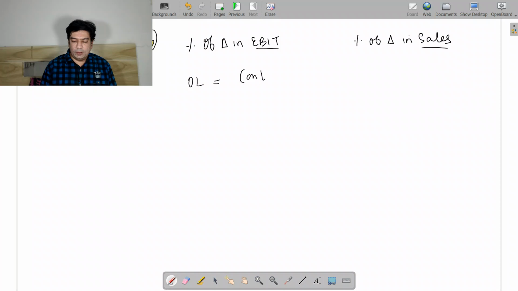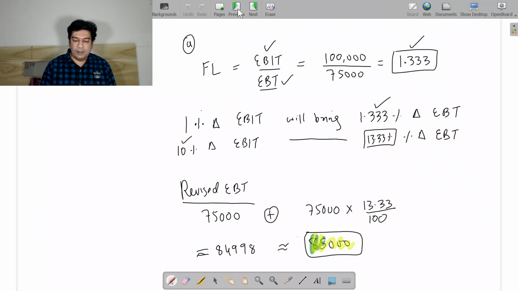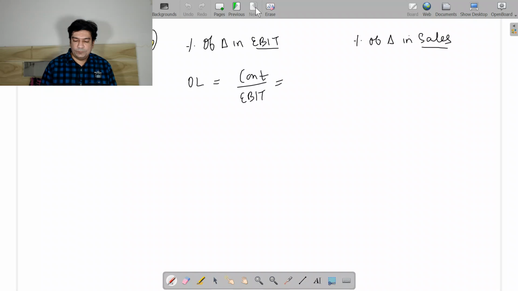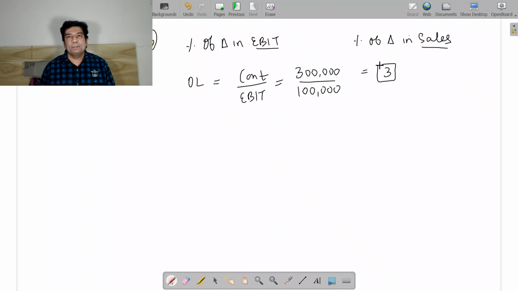So the contribution is 3 lakh and EBIT is 1 lakh. So the operating leverage is 3.